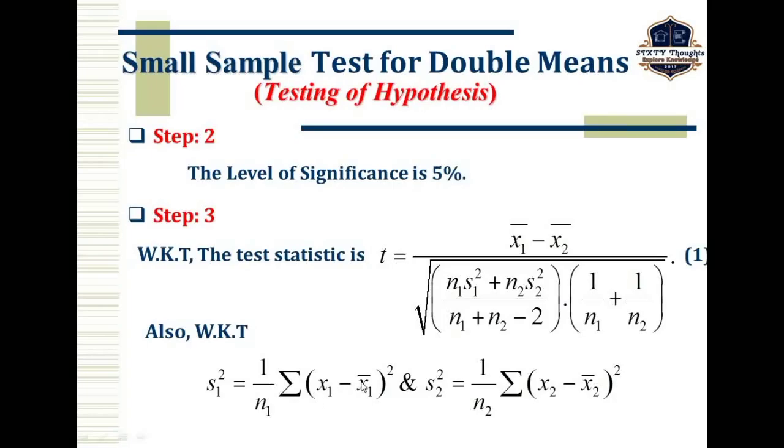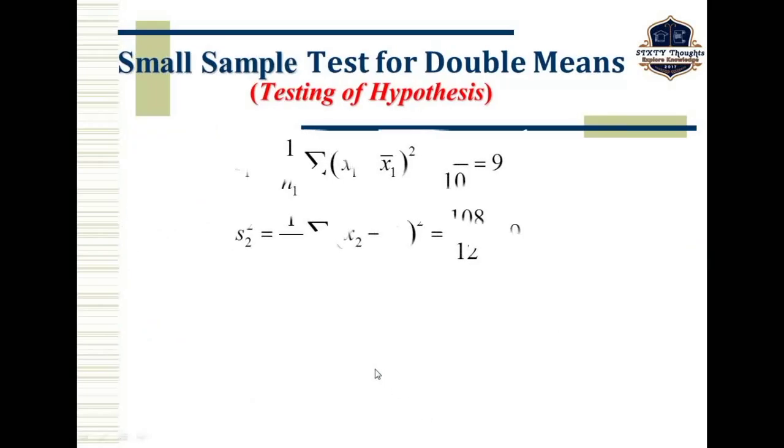The sums are the given values, called the sum of squares of deviations from the mean. So s1 square equal to 90 by 10, we get 9. And s2 square equal to 108 by 12, we get 9.